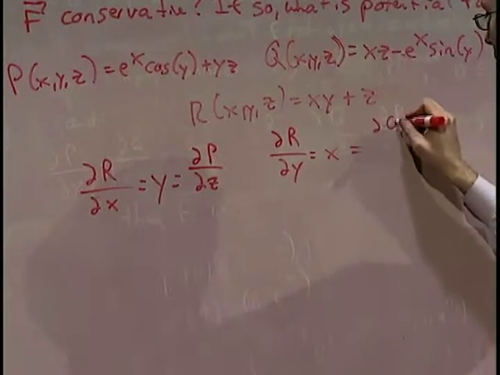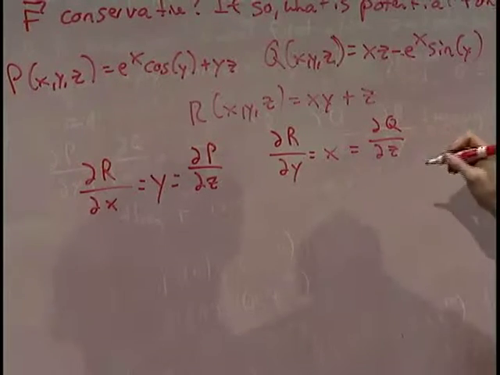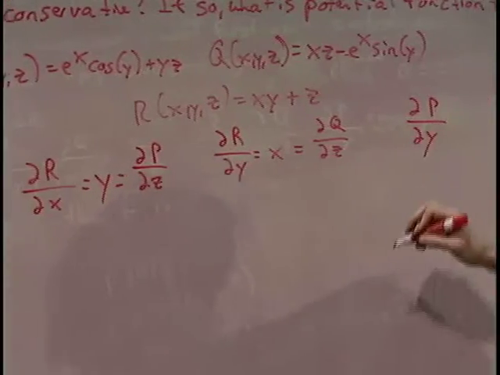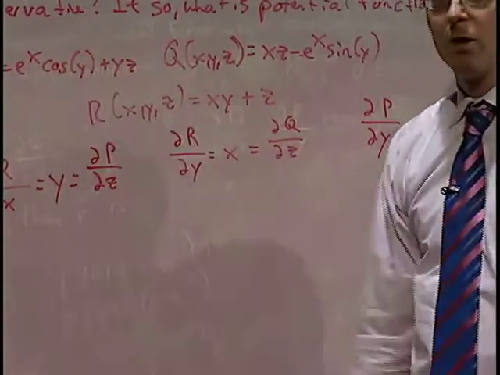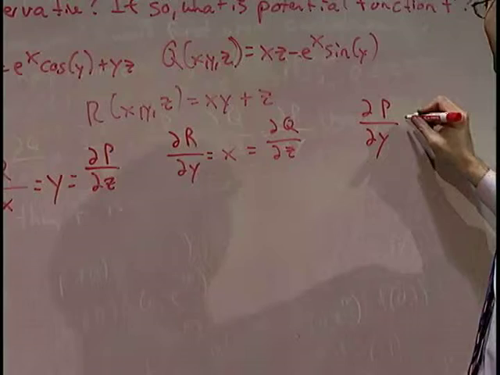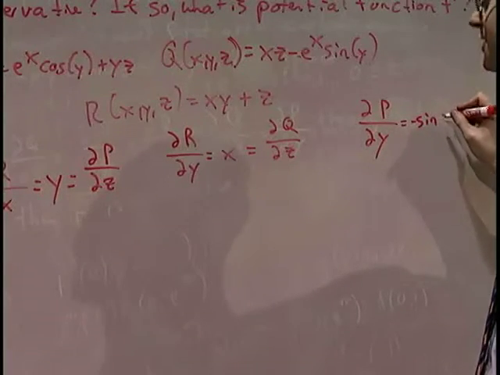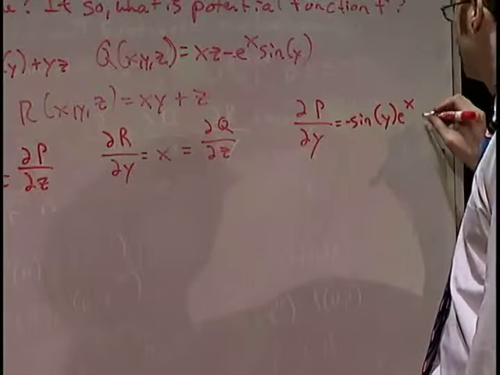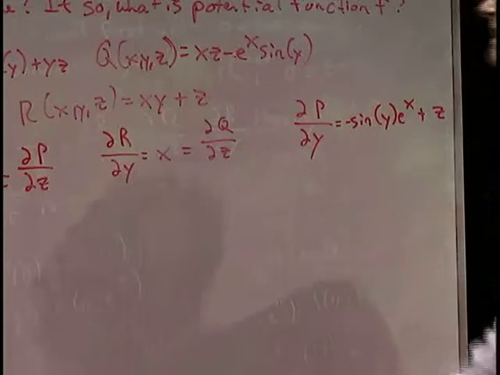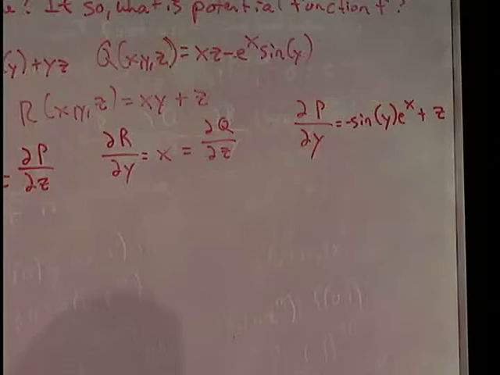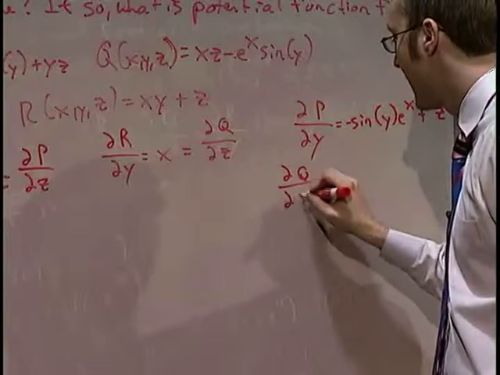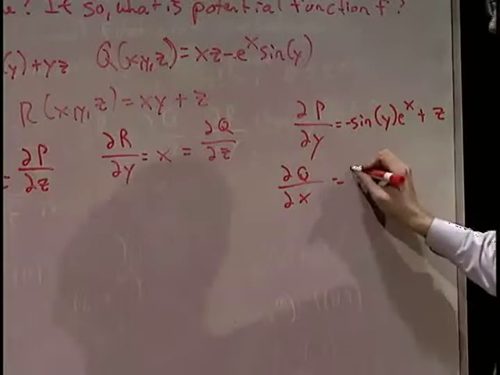And then how about partial P, partial y? That's the only one that we've got to worry about a little bit. So partial P, partial y is negative sine y e to the x plus z, right? And that's got to be equal to partial Q, partial x. So partial Q, partial x is z.